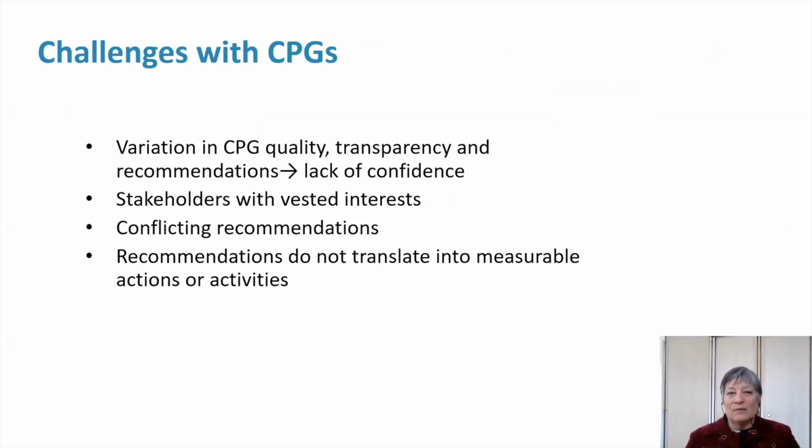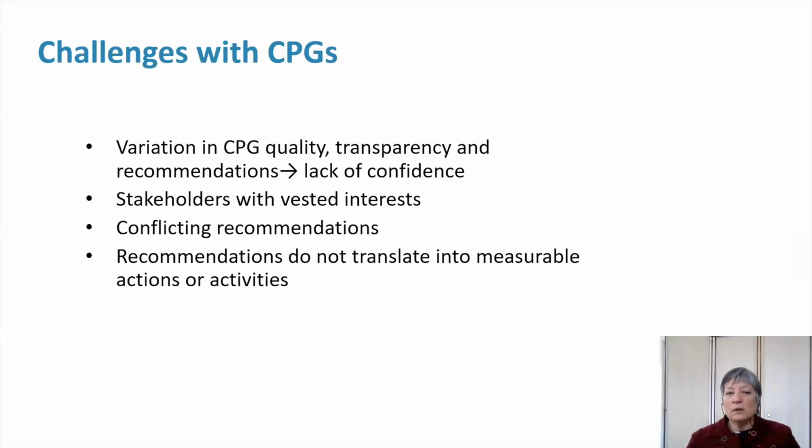But it wasn't that simple. There were really big challenges from the start with clinical practice guidelines. There was tremendous variation in clinical practice guideline quality, in the transparency in these guidelines and their recommendations, that led to really a crisis of confidence in clinical practice guidelines.